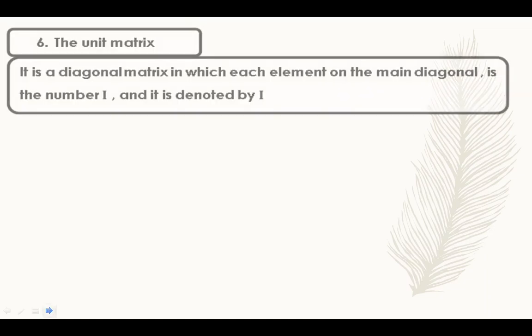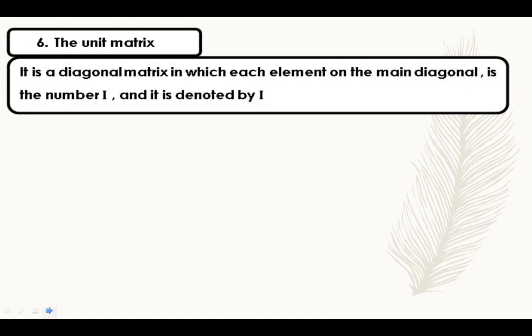Okay, let's go to another idea. The unit matrix, or the identity matrix, is a diagonal matrix in which each element of the main diagonal is the number 1.